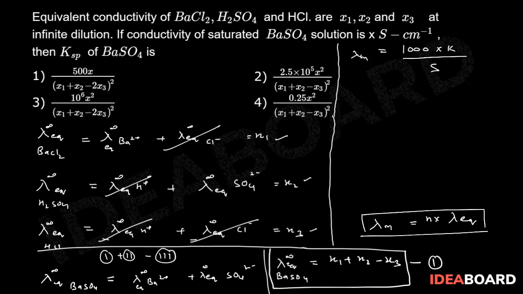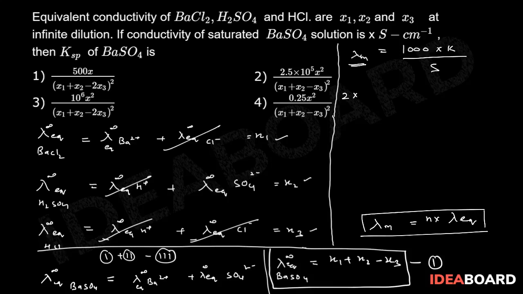So n factor in this case will be 2 for BaSO4, because BaSO4 is a divalent salt, and for a salt n factor is the number of electrons donated or taken. So n factor in this case is 2. So I can say this lambda m can be replaced by 2 into lambda equivalent.